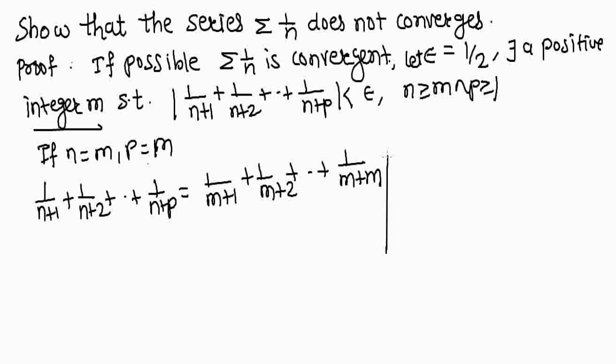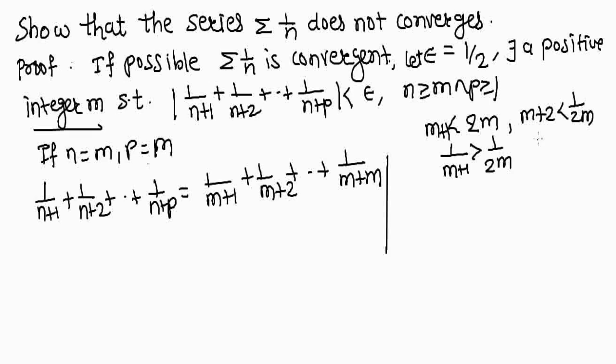Now friends, you can see that m plus 1 is less than 2m. So 1 divided by m plus 1 is greater than 1 divided by 2m. Similarly, m plus 2 is less than 2m, and hence 1 divided by m plus 2 is greater than 1 divided by 2m.